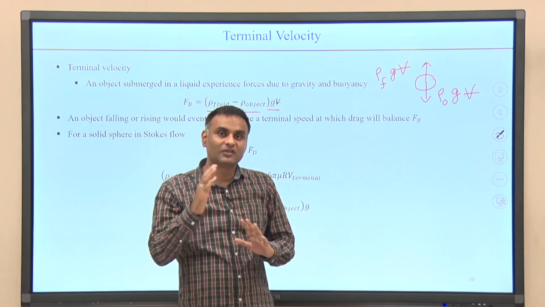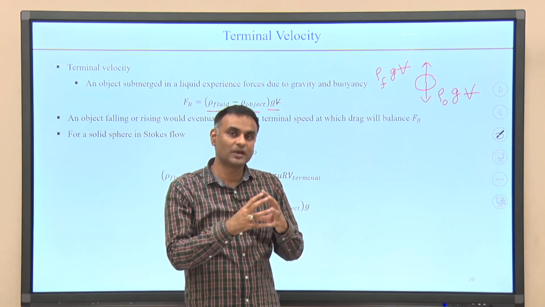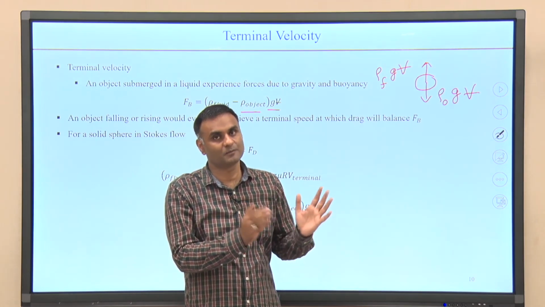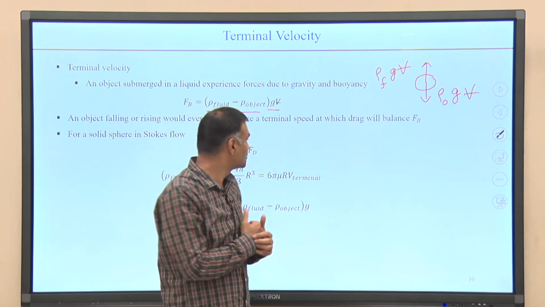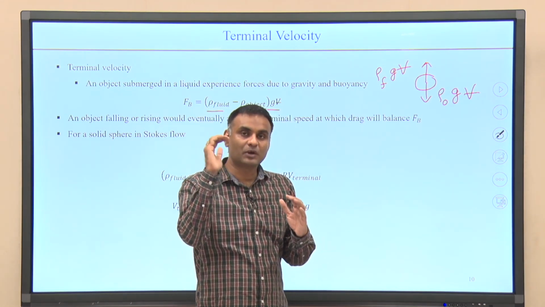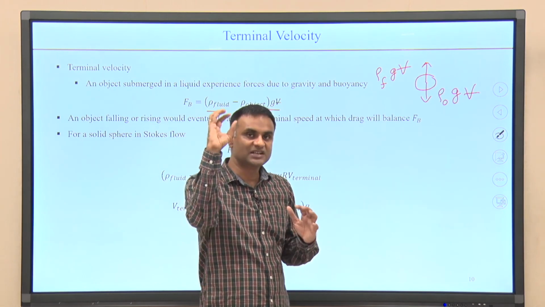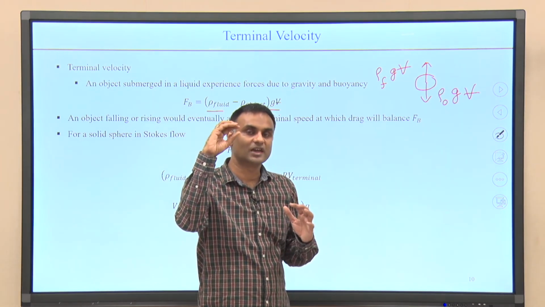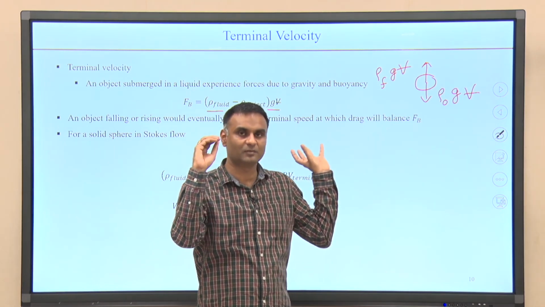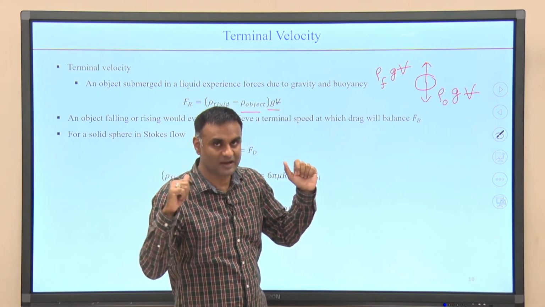But eventually when it is flowing, it also experiences a drag force, the viscous drag and pressure drag both combined. So, at a certain point of time it will achieve a steady velocity, and that is where the force F b, due to gravity and buoyancy, and the drag forces will balance each other.